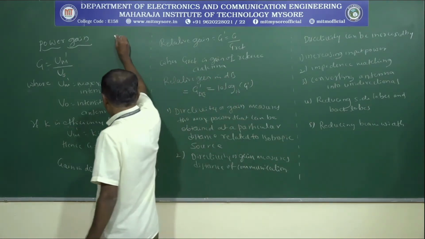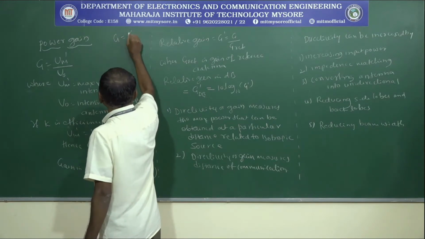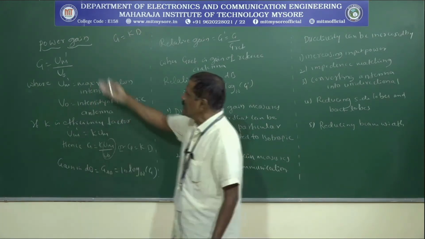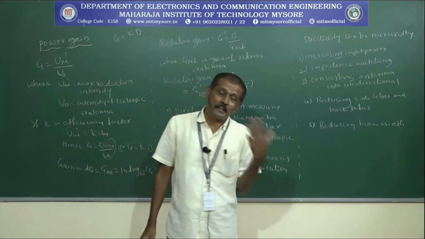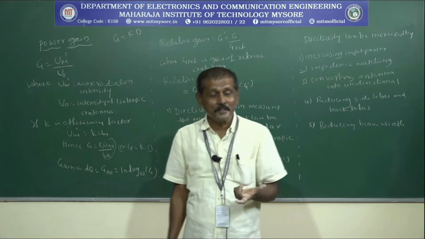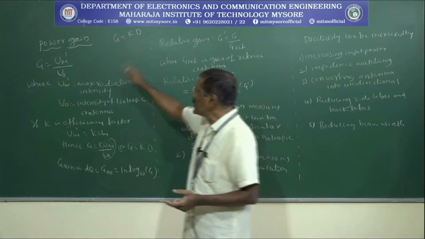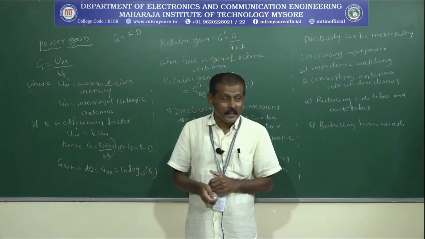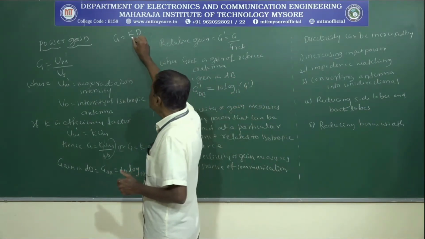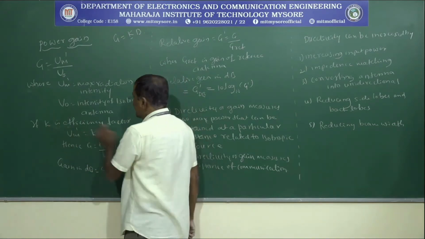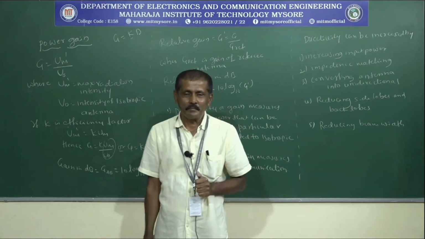That means G is equal to K into D. The definition of the power gain and the directivity remain the same, but both are related by one constant, that is the efficiency factor.